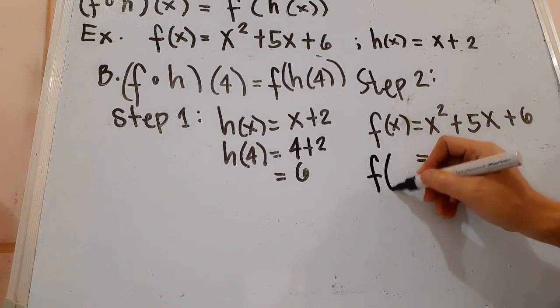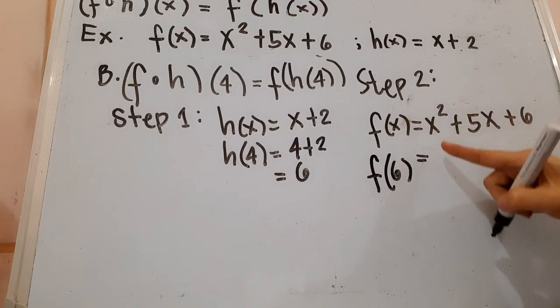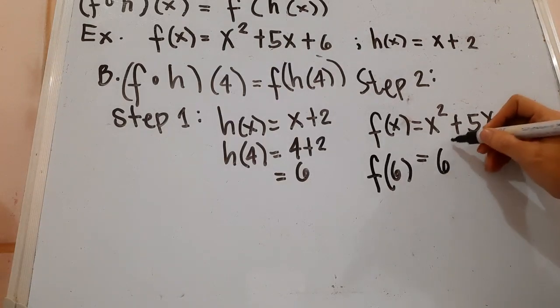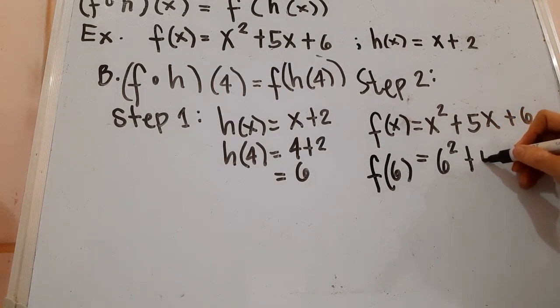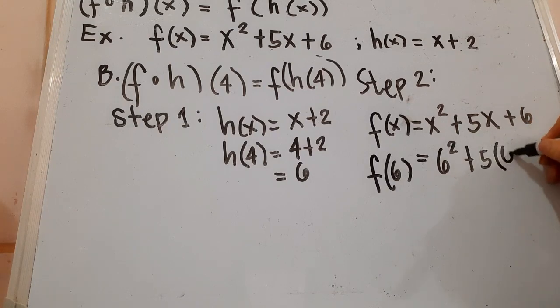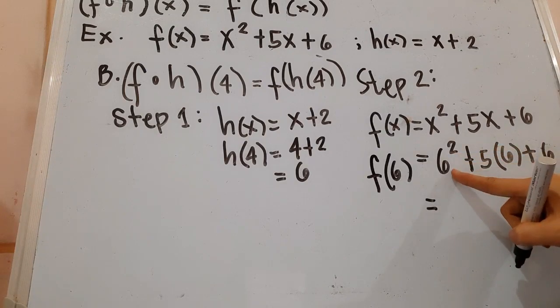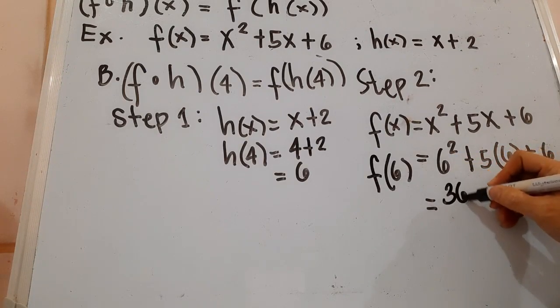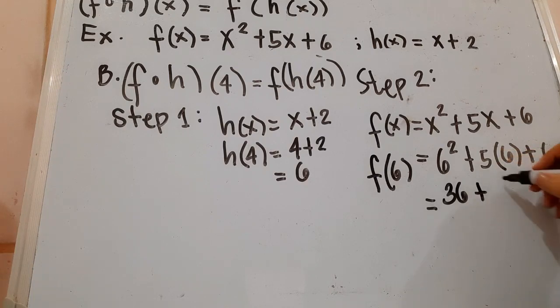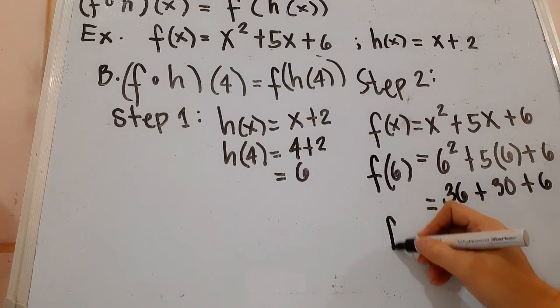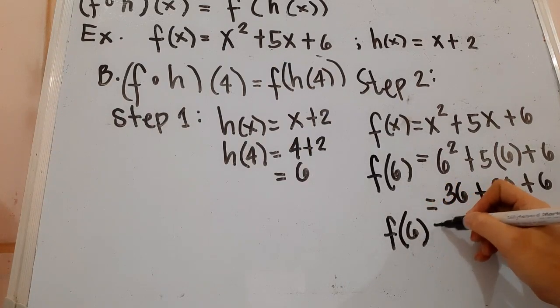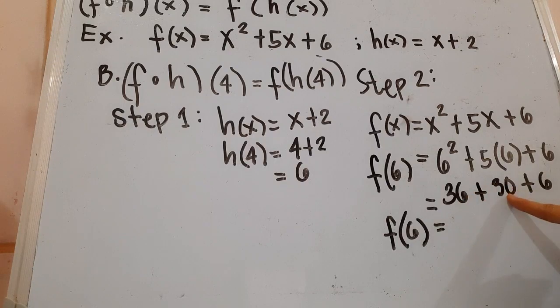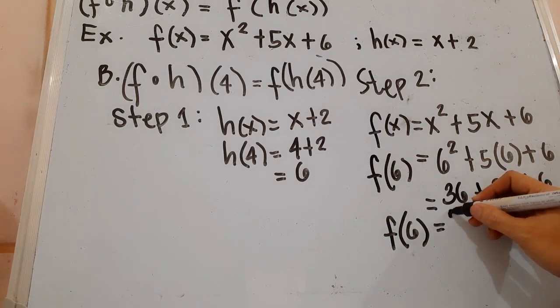So this will be f of 6. Substituting the value, this will become 6 squared plus 5 times 6 plus 6. The square of 6 is 36 plus 5 times 6, 30 plus 6. So our f of 6 is equal to 36 plus 30 plus 6 is equal to 72.